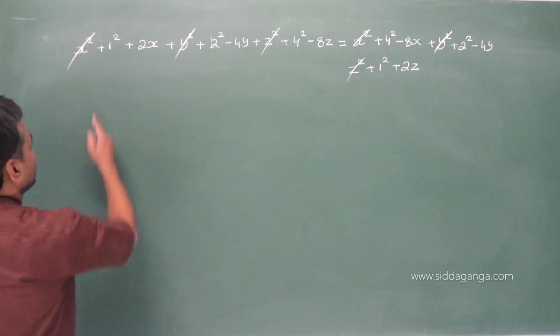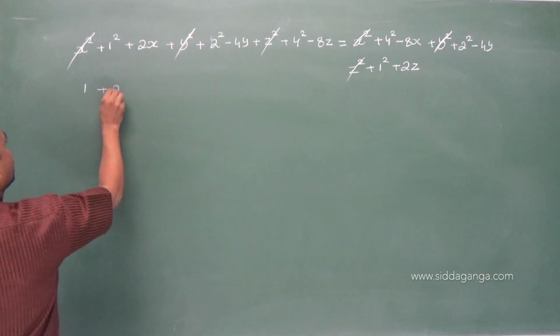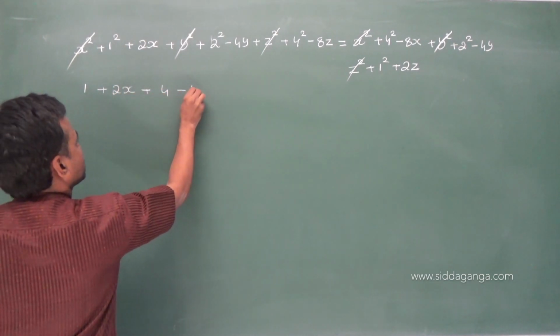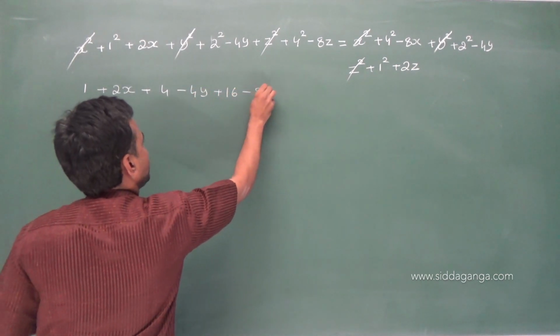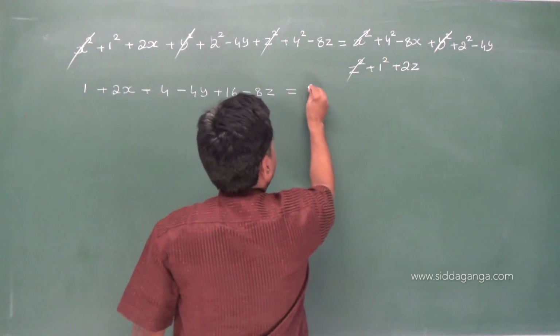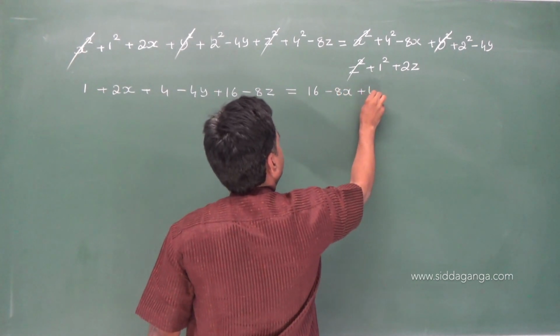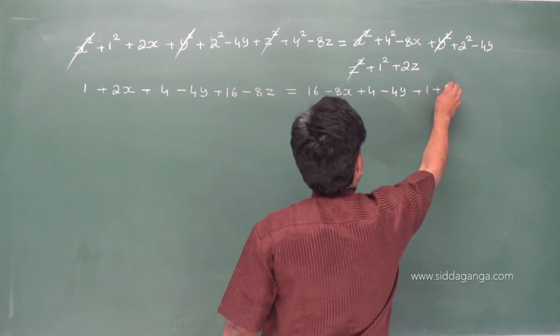What are we left with? On the right hand side: 1 square is 1 plus 2x, plus 2 square 4 minus 4y, plus 4 square 16 minus 8z, is equal to 4 square 16 minus 8x, plus 2 square 4 minus 4y, plus 1 square 1 plus 2z.